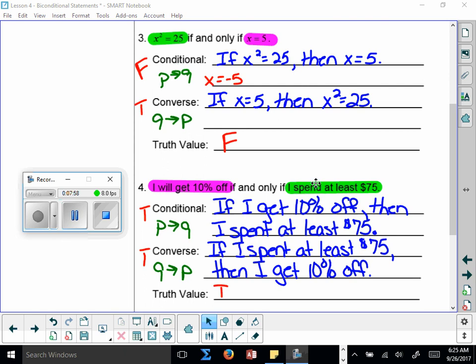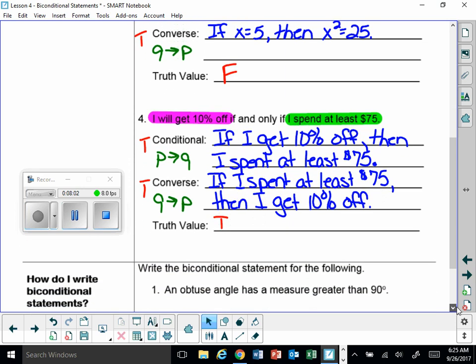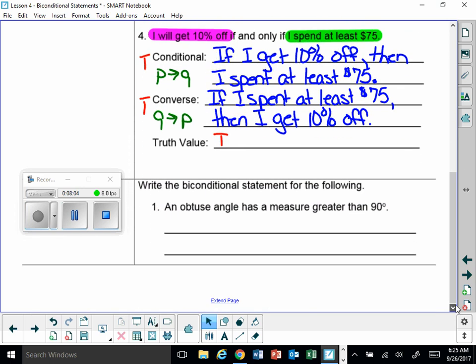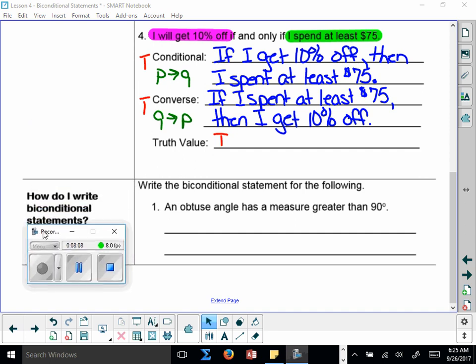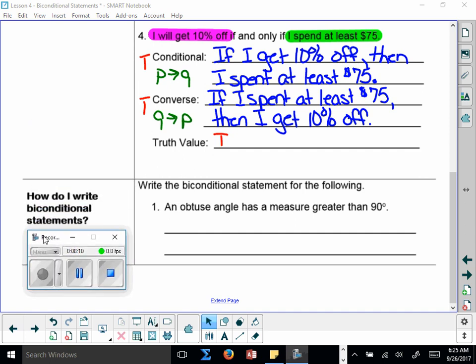How do I write biconditional statements? We're going to write a biconditional statement with the following information. An obtuse angle has a measure greater than 90 degrees. We still want to stay in the same order.